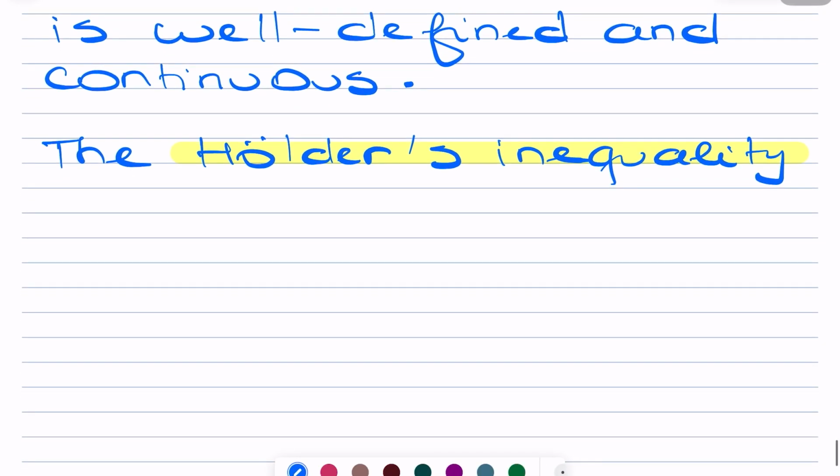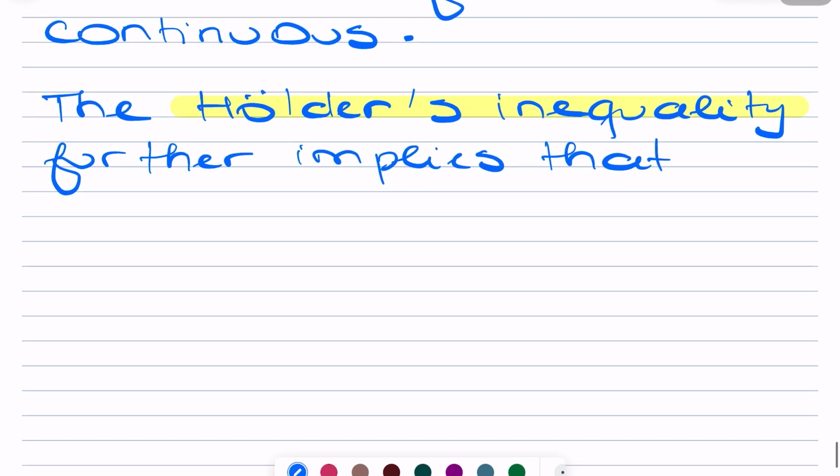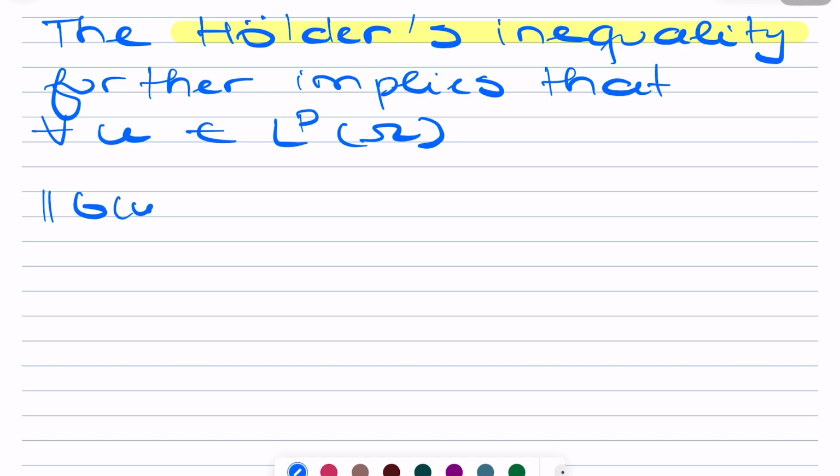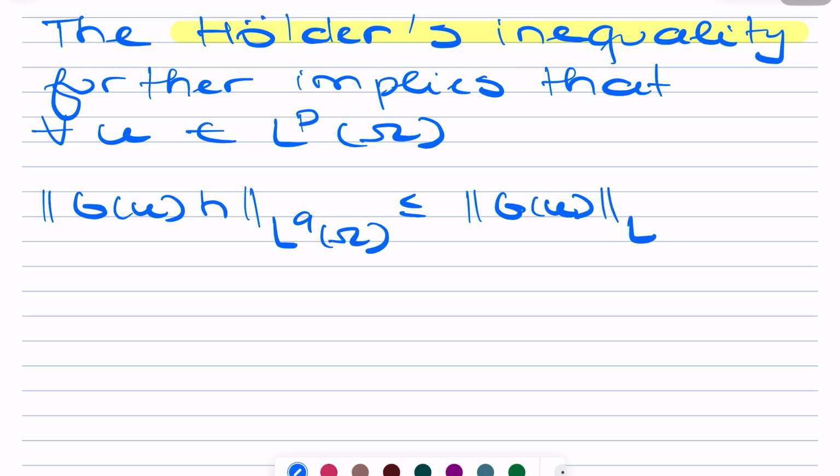Further, it implies that for every u in Lp of omega, the Lq norm of du applied to h is less or equal than the norm of du in Lr times the norm of h in Lp of omega.